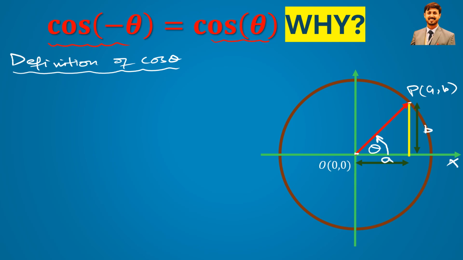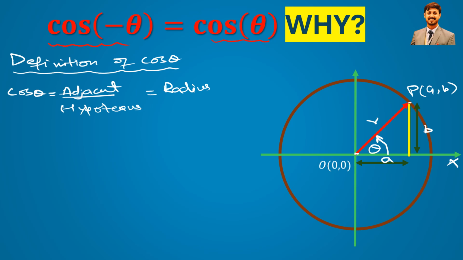Now moving to the definition of cos theta. What is the definition of cos theta? It is equal to adjacent divided by the hypotenuse. In this circle, the hypotenuse is the radius from O to P, which I am taking as R. The adjacent is the horizontal distance from O to, let's say, C, where the perpendicular drops.